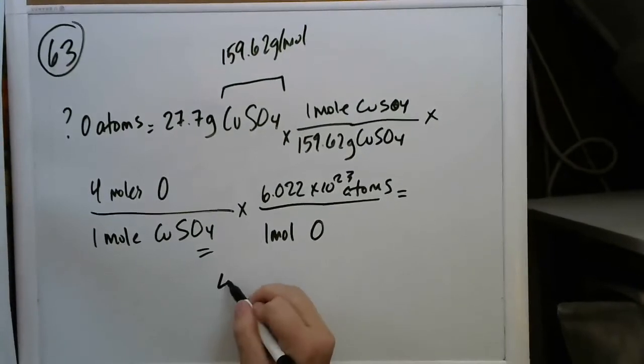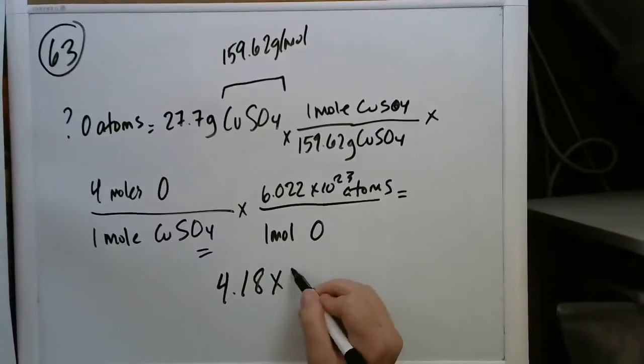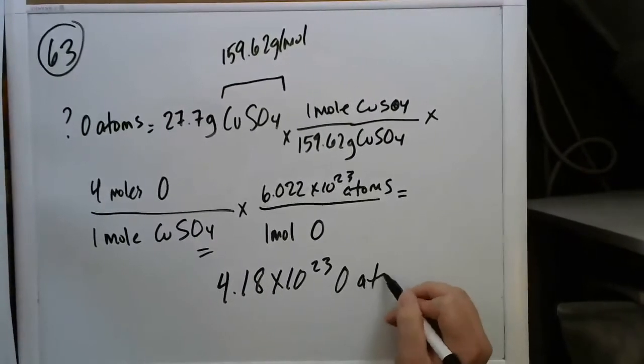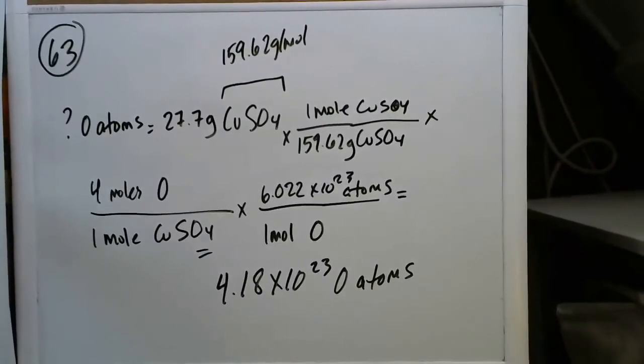I got 4.18 times 10 to the 23 oxygen atoms. And that's close enough to choice D for me to be happy. Okay, I want to look at the next one since we're here. The compound formed when 1.95 moles of oxygen combined with 1.46 moles of iron.